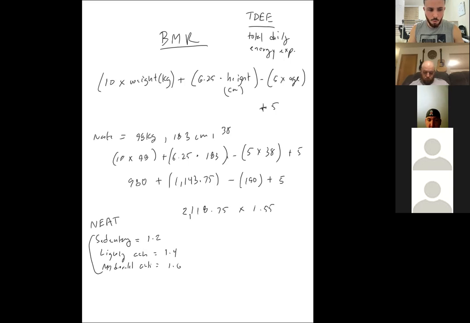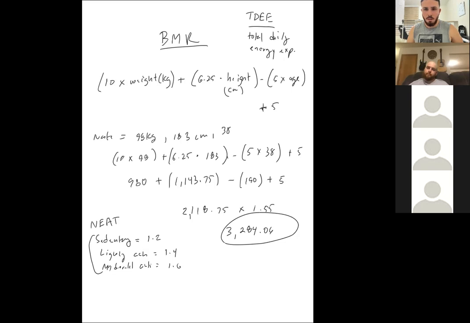So 2,175 times 1.55 is gonna be 3,284.6. That's your TDEE, which means that's what you burn per day, assuming you're moving a lot and working out every day.